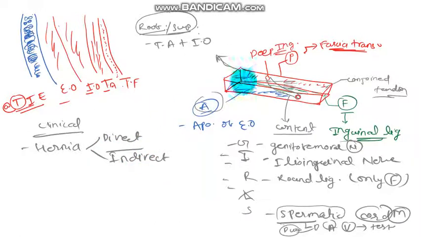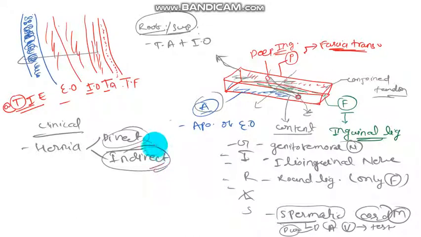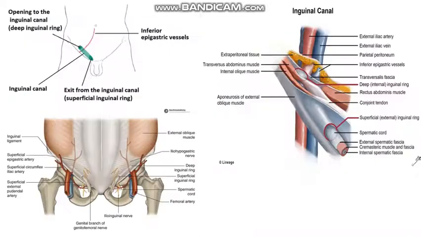If it occurs directly through this abdominal wall, then it would be called a direct inguinal hernia, and if there is leakage or protrusion of the abdominal content through this inguinal canal, then it would be known as an indirect inguinal hernia.